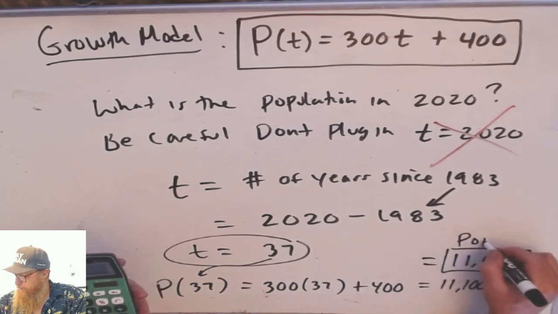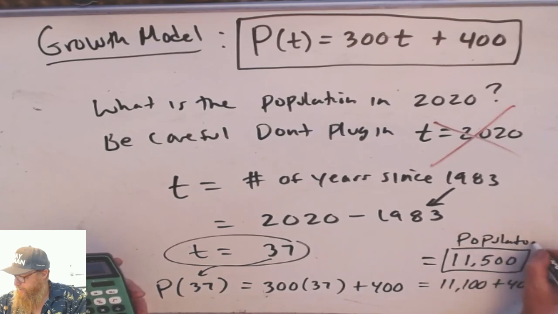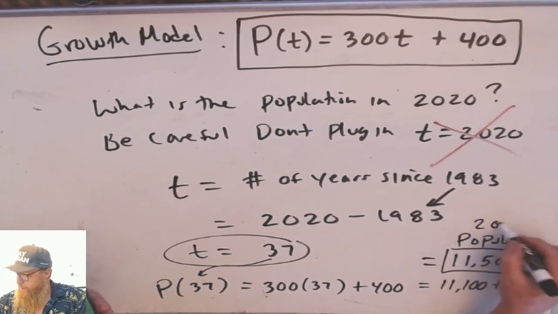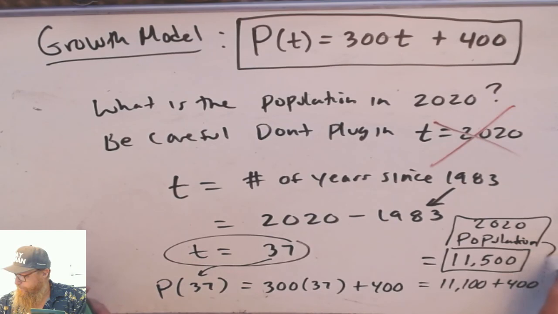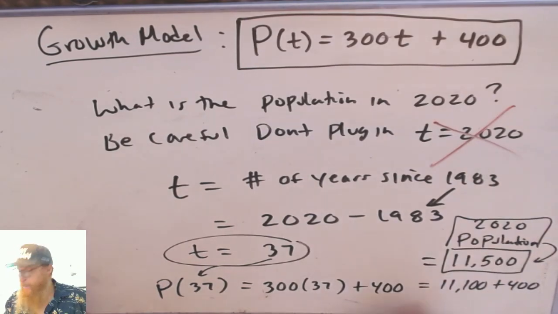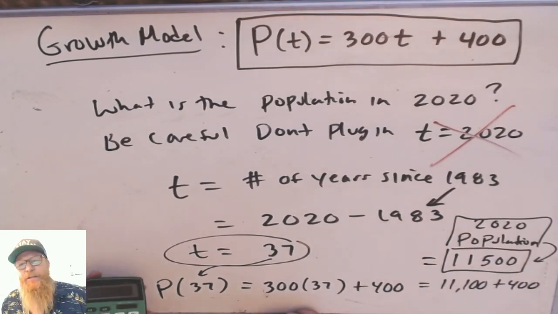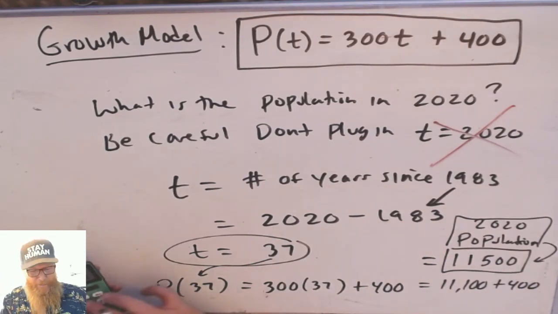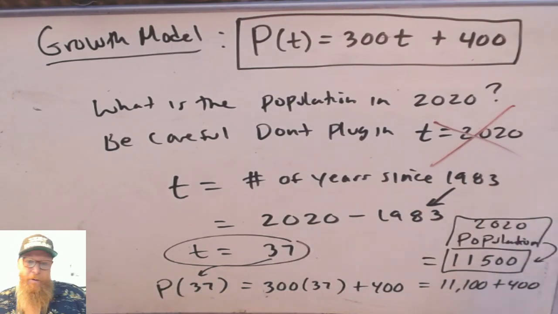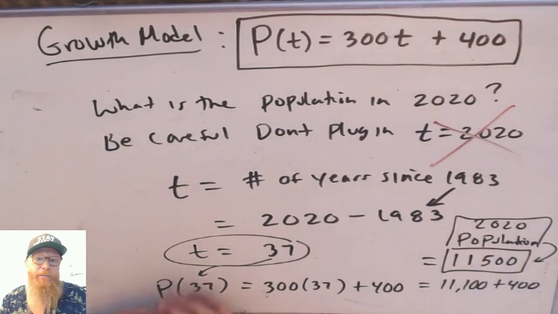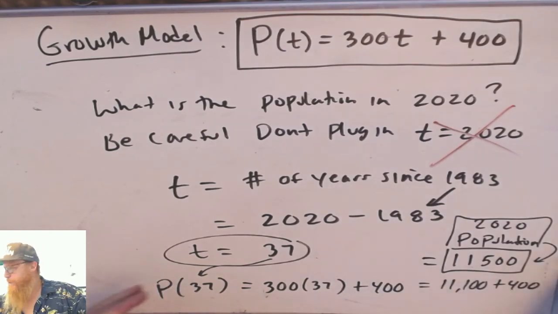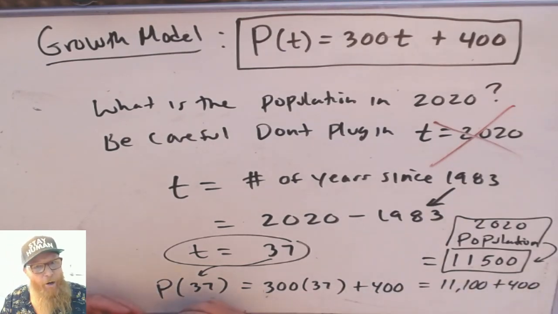So this is the population in 2020. You don't even need the comma. In fact, it's probably better if you don't put the comma. So it's 11,500 people in the year 2020. All right, maybe they have a stoplight now. Yeah, maybe. You get 11,000 people, you're probably going to need a Walmart and a stoplight.